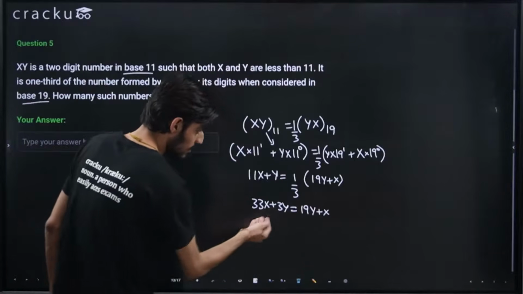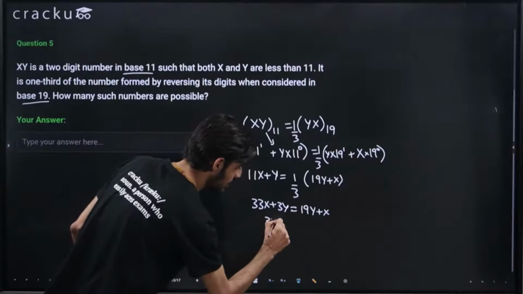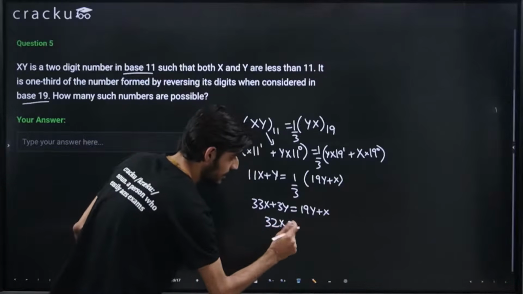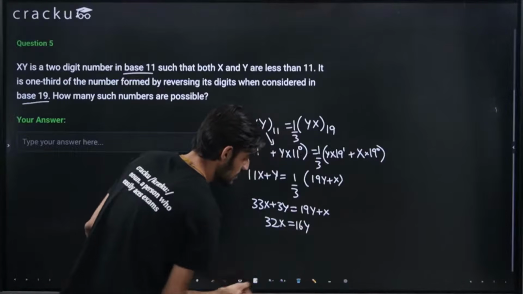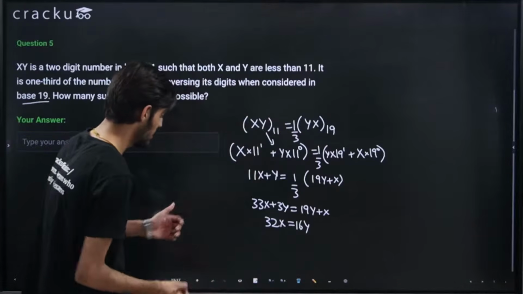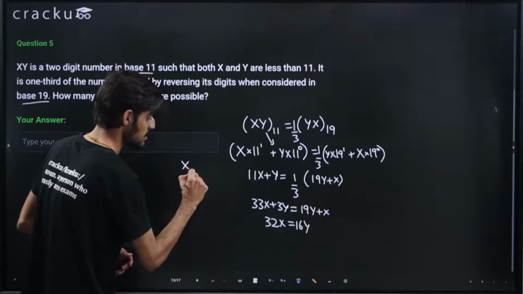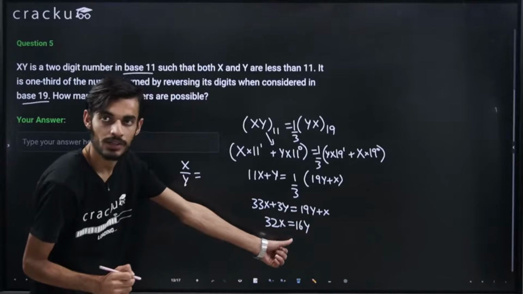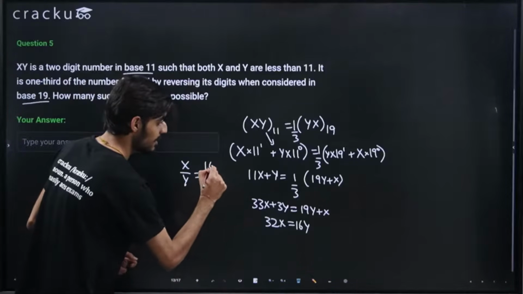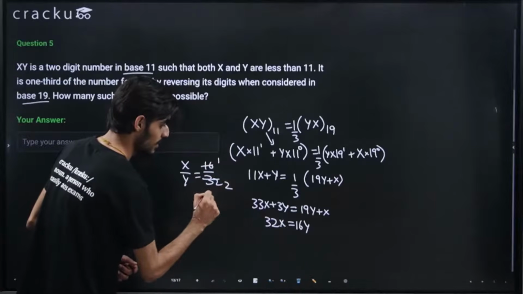You can just send x to the left hand side. It will be equal to 32x, and in the right hand side it will be 19 minus 3, that is 16y. So x divided by y will be equal to 16 divided by 32, that is 1 by 2.